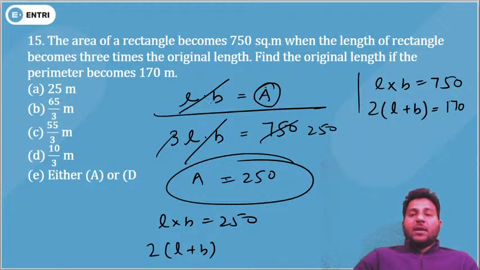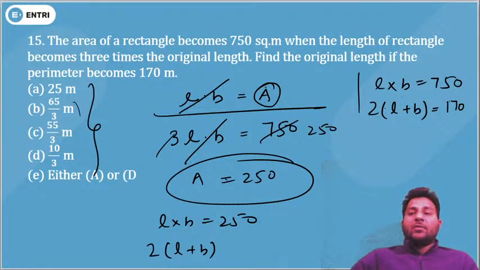Now tell me how you will be able to find. The only way to find out is by using the hit and trial method, and it has been given in the form of options. So clearly look at this, A and D, A or D, okay, A or D.